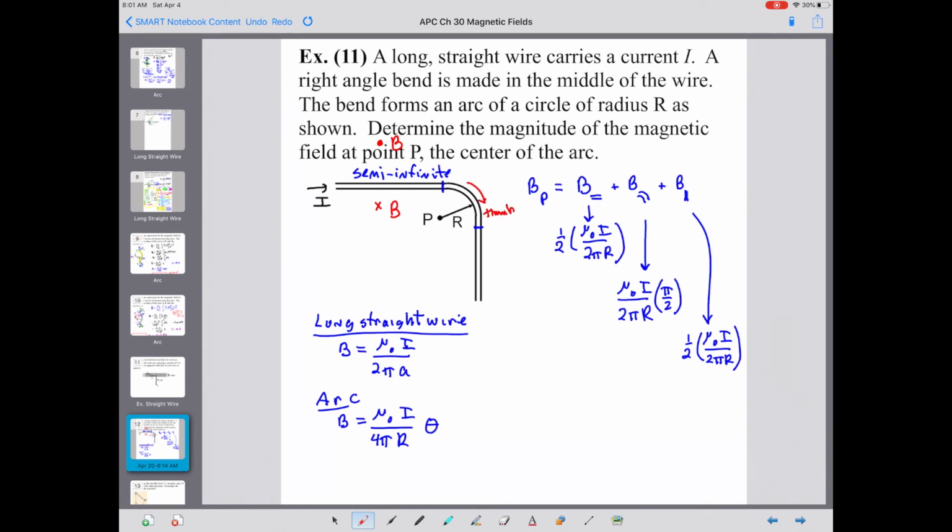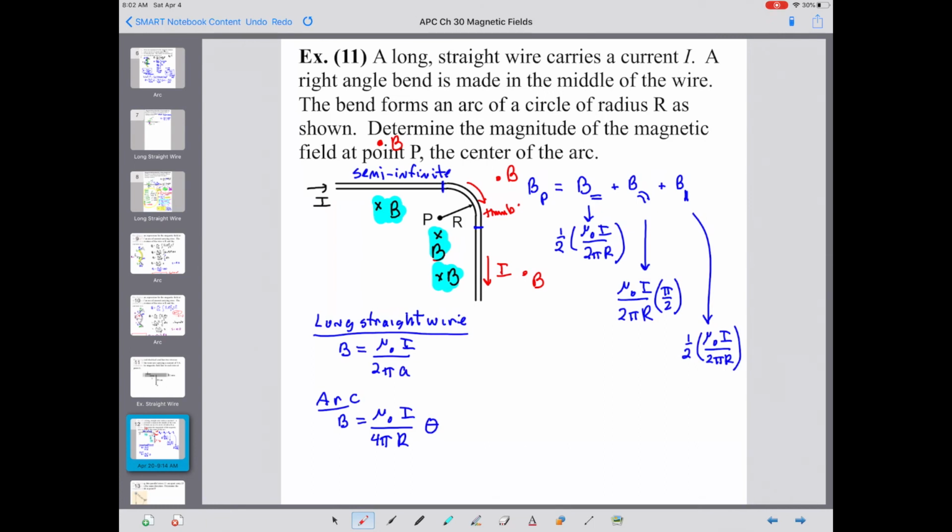On your arc, pointing your thumb this way, when you wrap, your fingers would come out over here, and then they would wrap into point P, so the field would go in. On our wire on the right side, your current is going in this direction, so when you point your thumb in that direction, the field would go in here and come out over there. In the location of point P, these are the directions that will apply for those three.